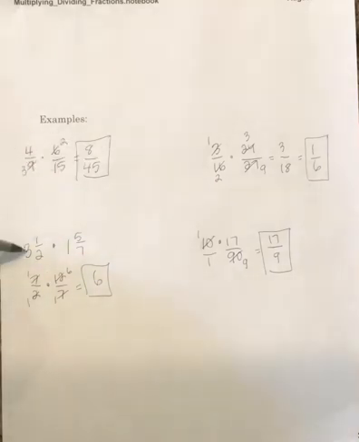You must change mixed numbers into improper fractions in order for it to work. And don't do any cross-canceling whatsoever until you've done that. You can't try to cross-cancel things when they still are in mixed number form. And if you do have a whole number, no matter what the operation, remember, every whole number can be a fraction if you just put it over 1. So that is multiplying fractions.